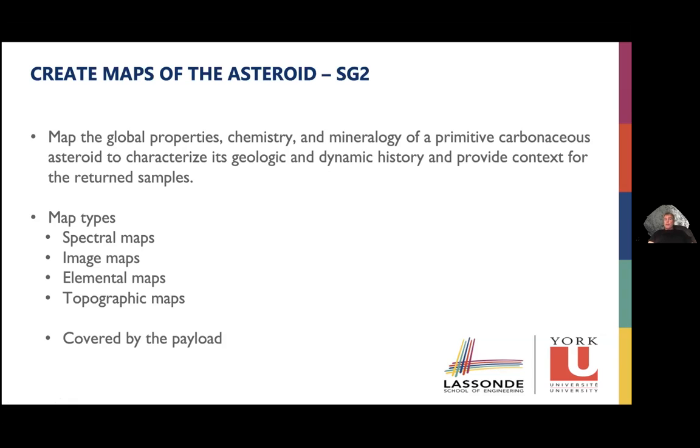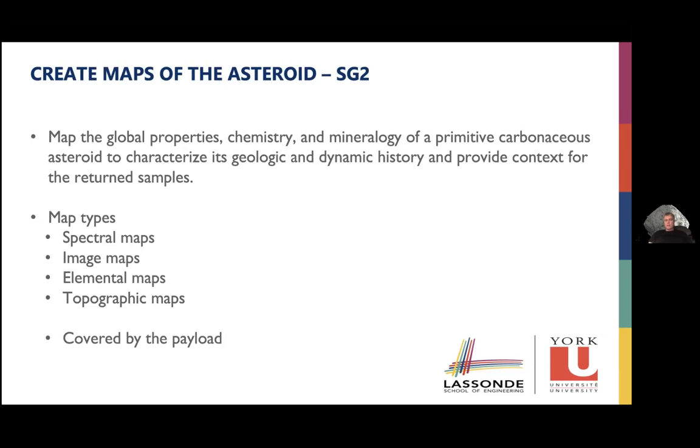All right, so in terms of creating maps of the asteroid, this was really for a number of goals, but we wanted to map the global properties, the chemistry, and the mineralogy of this really primitive asteroid. In order to do that, we wanted to create spectral maps to understand the mineralogy and some of the thermal properties, image maps, and elemental maps.